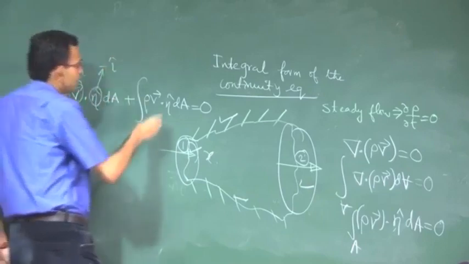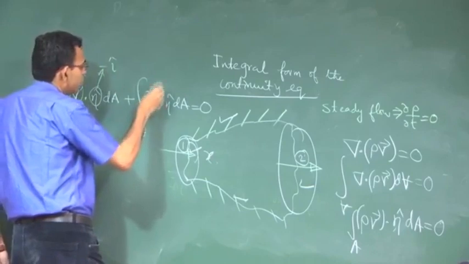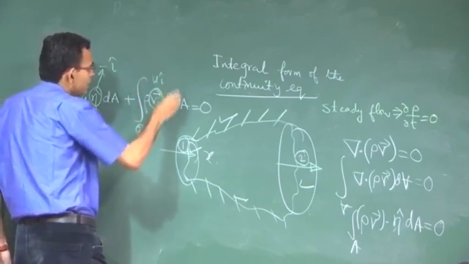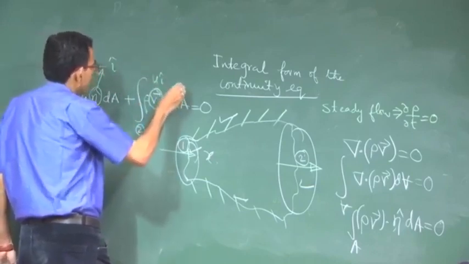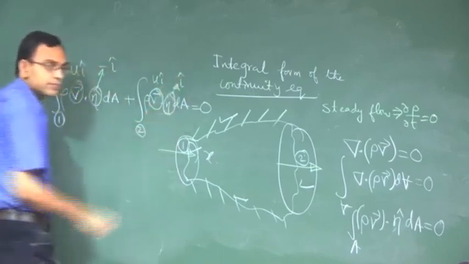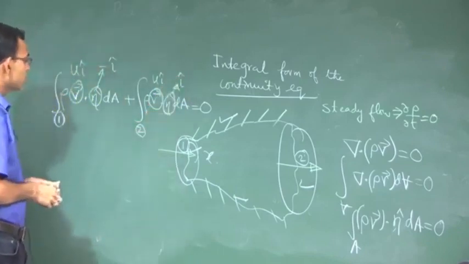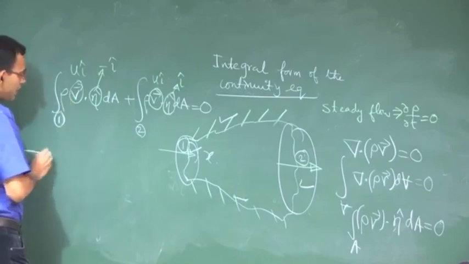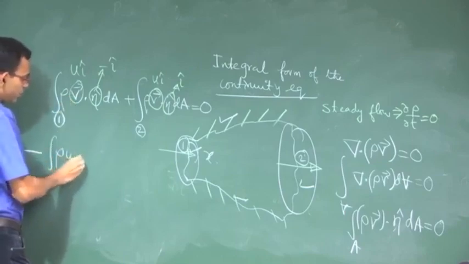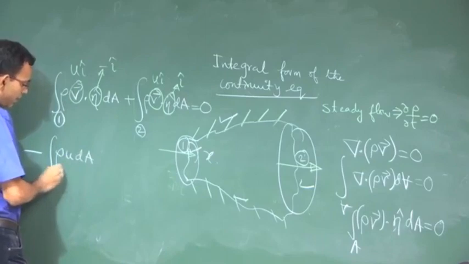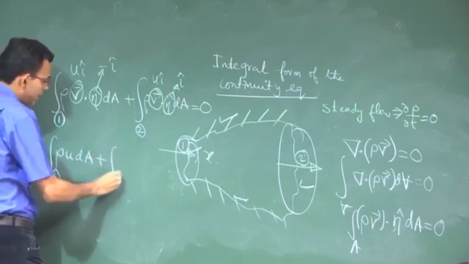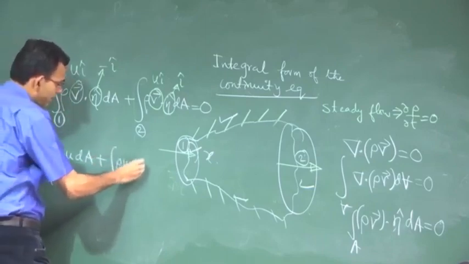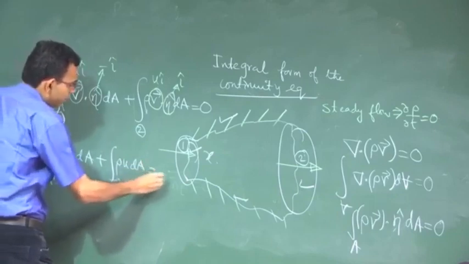For area 2 it is u i and the normal is plus i cap. So you are left with minus integral rho u dA over area 1 plus integral rho u dA over area 2 equal to 0.